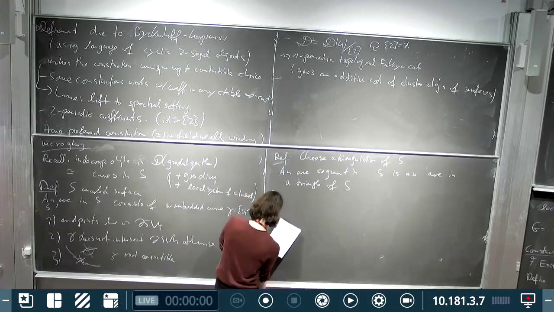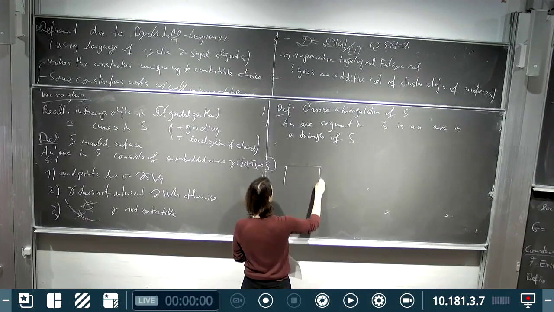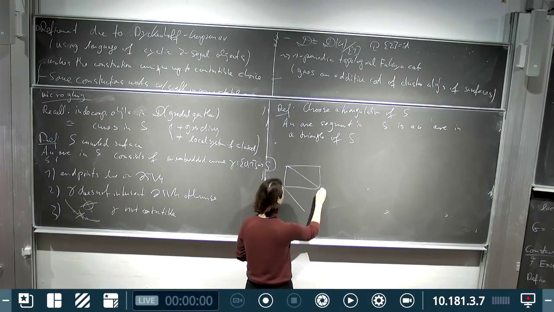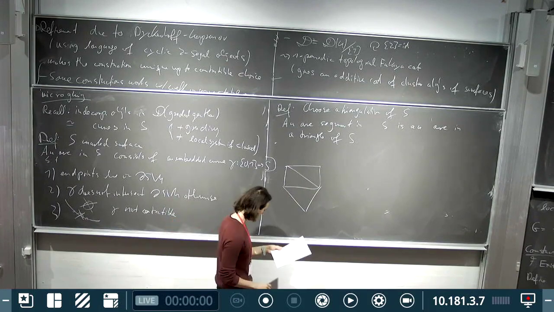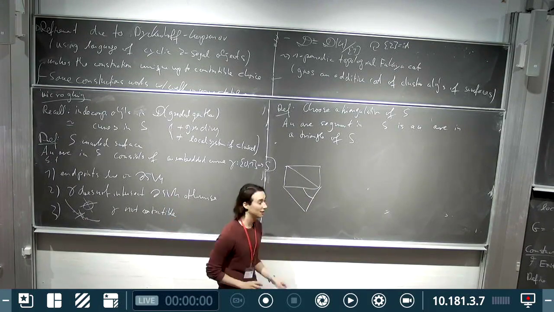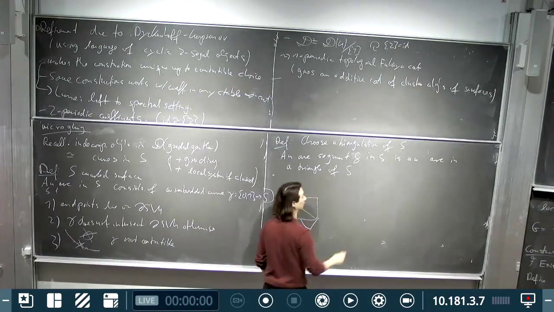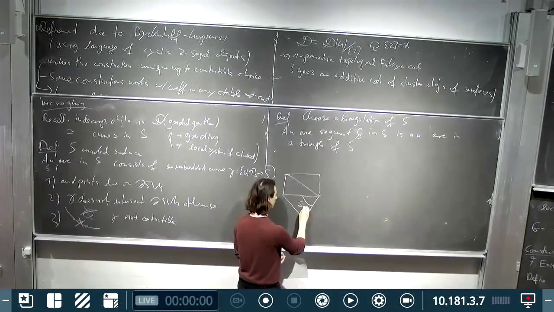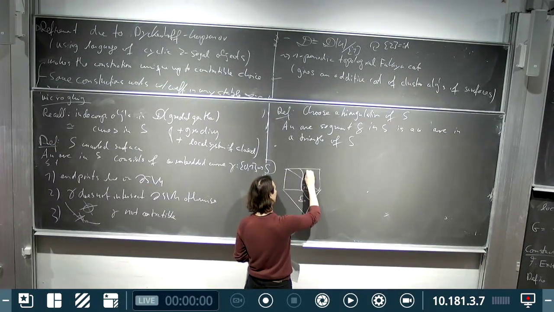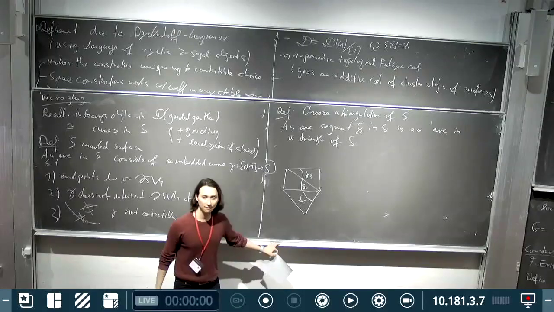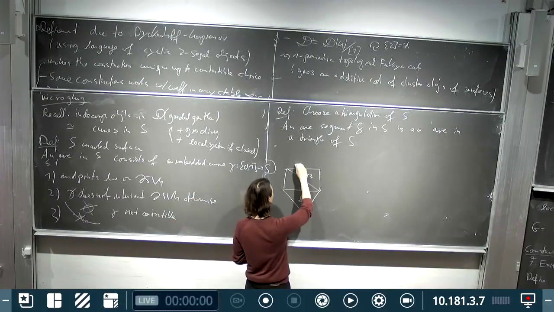So I can draw a picture. Say this is our triangulated, what is it, a 5-gon? This would be an arc segment. Arc segments will always be denoted by delta. So this would be delta 1, this would be delta 2, and this would be delta 3. They're all perfectly fine arc segments, and if you compose them, you get an arc, gamma.